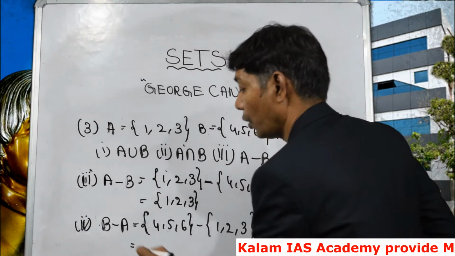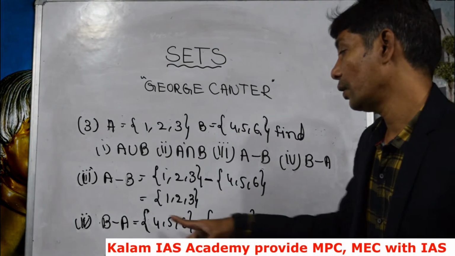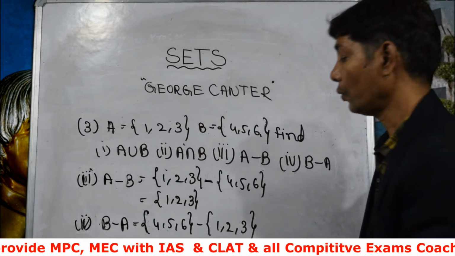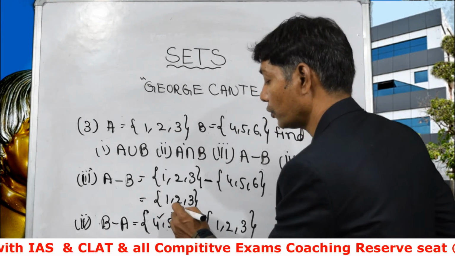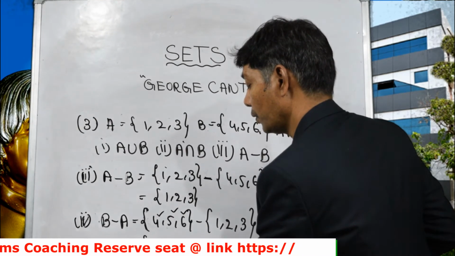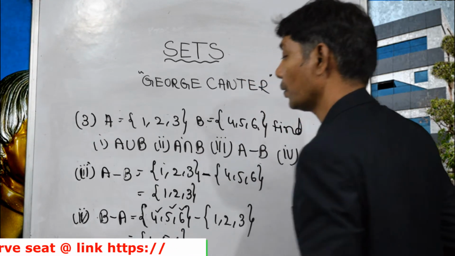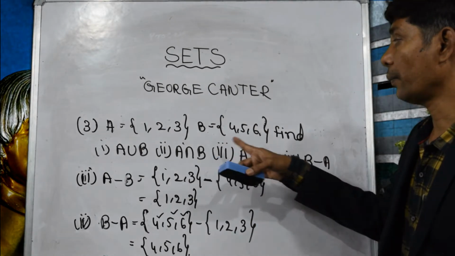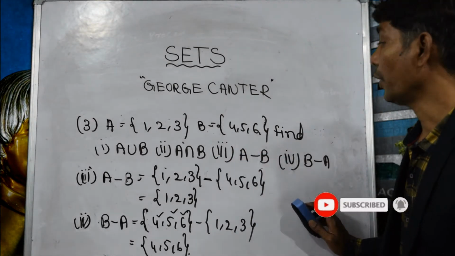Now you have to subtract A values from B. There are no common elements between them. Now you have to write all elements present in the first set: 4, 5, 6. In this way you can calculate this type of sum.